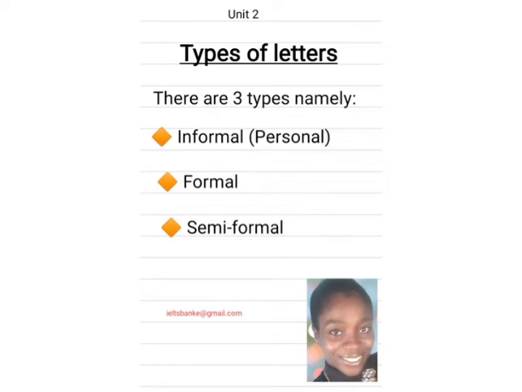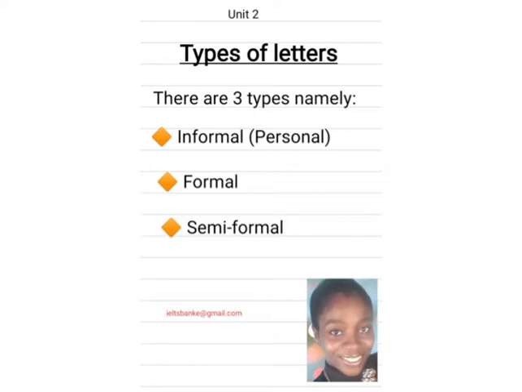So it is very imperative that you understand the type of letter that you're presented with. So this unit will help you to identify the various types of letters so that you can write the correct letter.